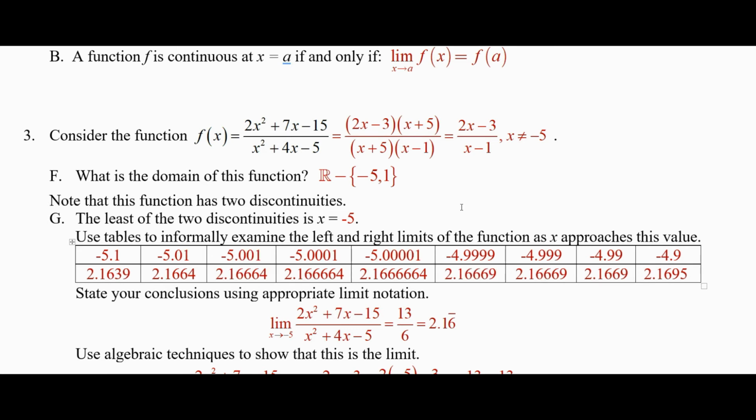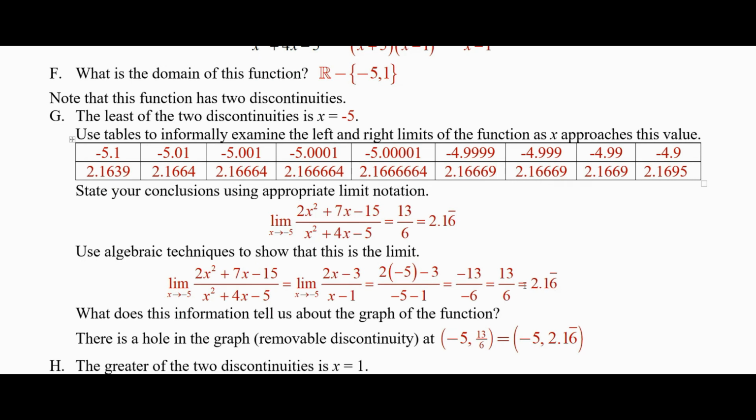So the idea here is we notice that as we're getting in closer to -5 in the middle, where the function is actually undefined, if you actually put in -5 in the original formula, you would actually get an error message, or undefined. But these y values are getting closer to 2.16 with the 6 repeating.